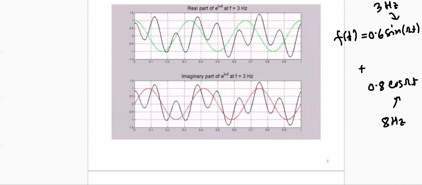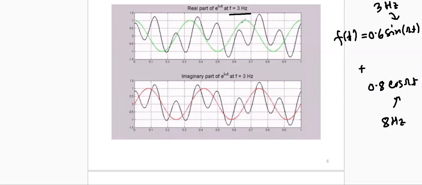As you can see, the black line shows our x(t), the unknown signal, and this green line shows the cos signal with 3 Hz. Just arbitrarily we have chosen 3 Hz.